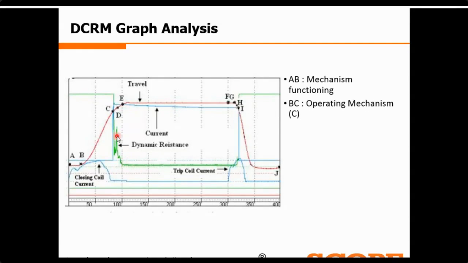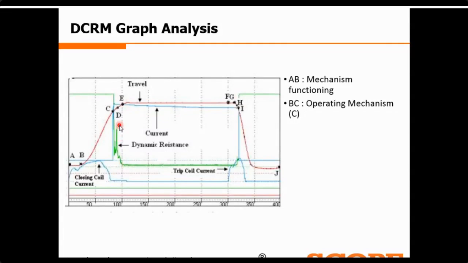Now, at point D, you can see the main contacts will close and the resistance value automatically gets reduced, because we know the resistance of the arcing contact is quite high, but at point D the main contacts have been closed. So here automatically the resistance is reduced.